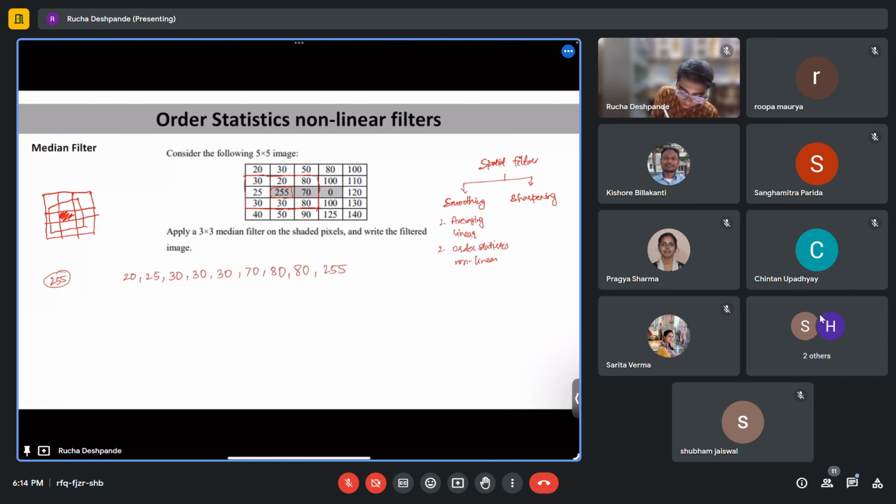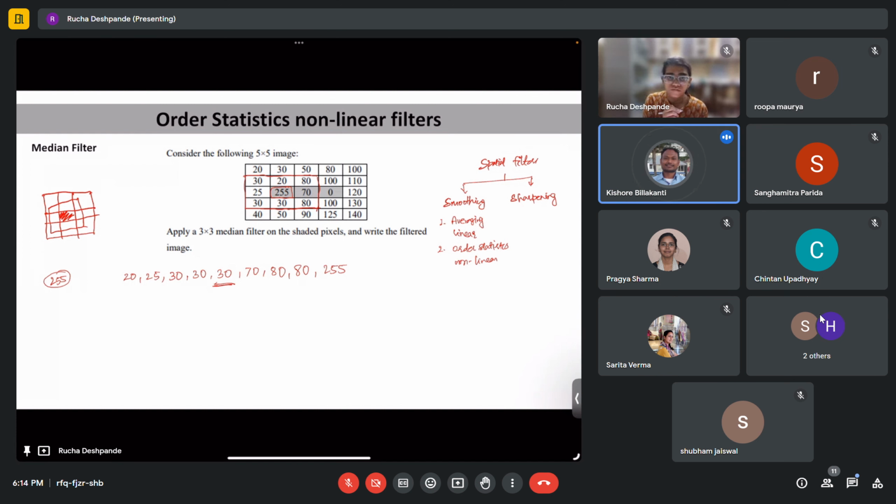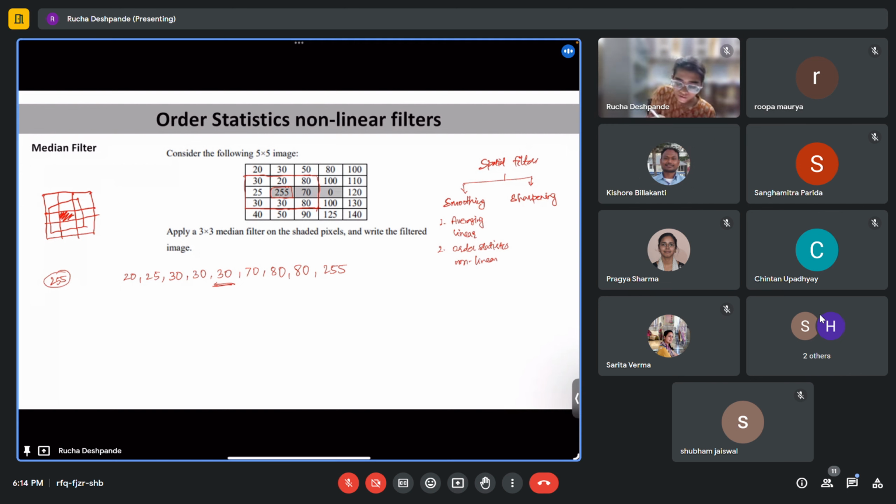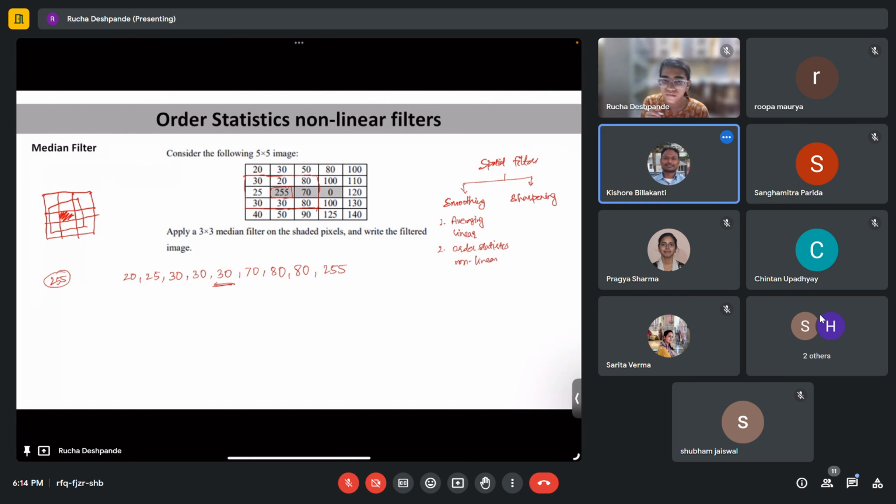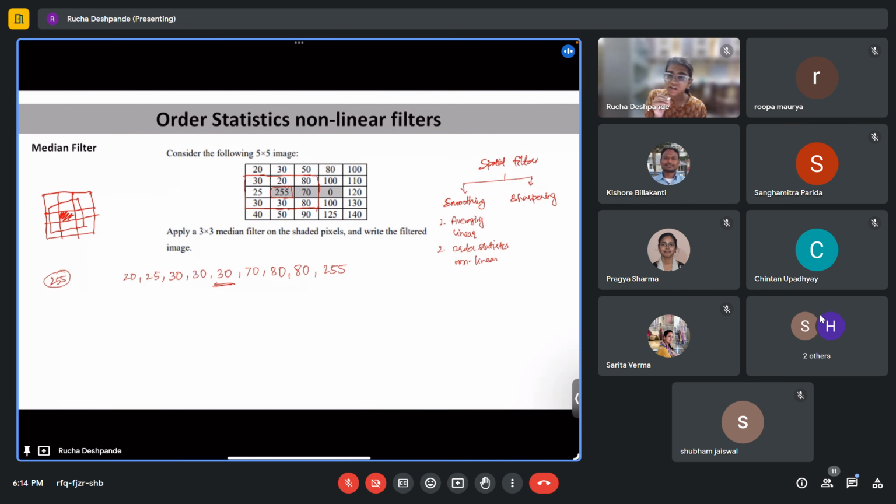So this. One second. You have taken the 3 by 3 matrix, right? Any specific reason we have chosen only those pixels? So in this 5 cross 5 image, we can only take a 3 by 3 matrix. But any 3 by 3, right? It should be the neighboring 3 by 3.